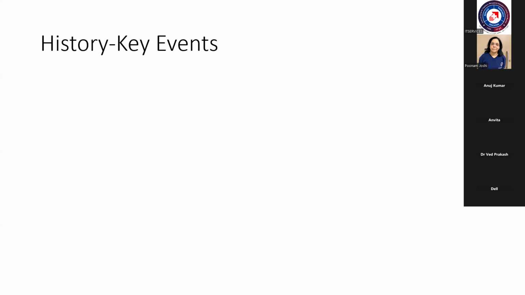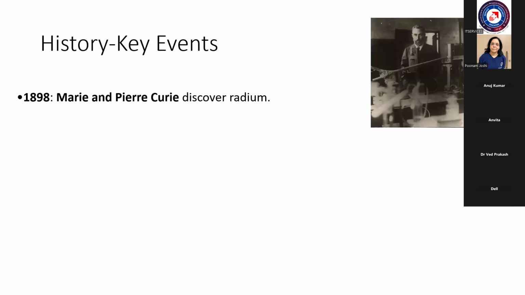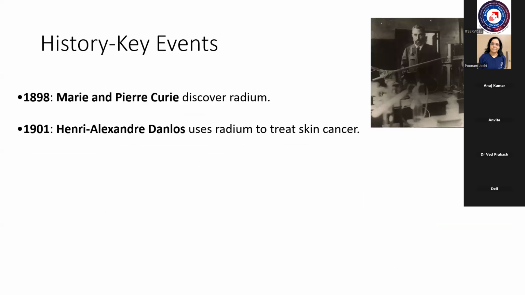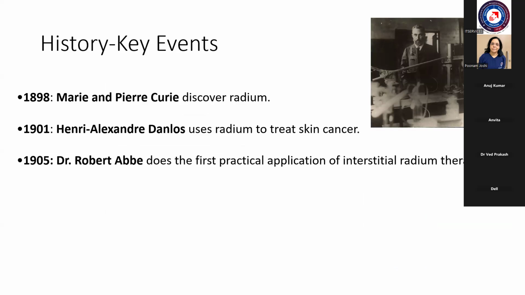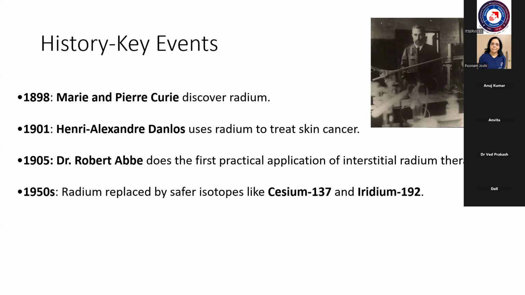So let's see some of the key events in the history of brachytherapy. In 1898, Marie and Pierre Curie discovered radium, and in 1901, Danlos used radium to treat skin cancer. In 1905, Dr. Robert Abbe, an American surgeon, did the first practical application of interstitial radium therapy.